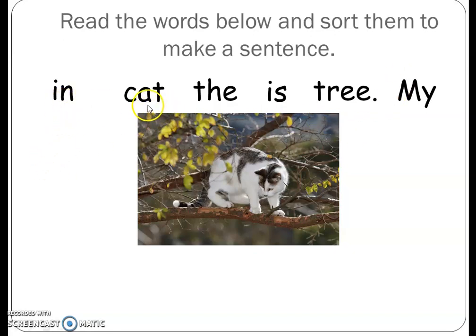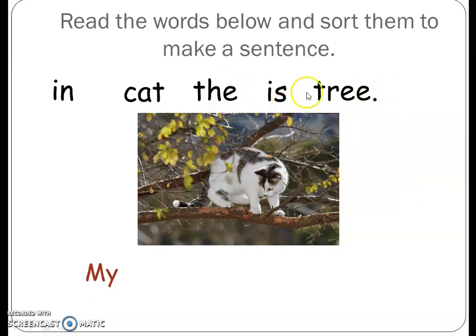In cat the is tree my. Ooh, that's a lot. Look for where that capital letter is. Go ahead and try. And look at the picture. Think about what would make sense with this picture. Good, we see my has a capital M. That's your first word. My in cat the is tree. What is happening in this picture?